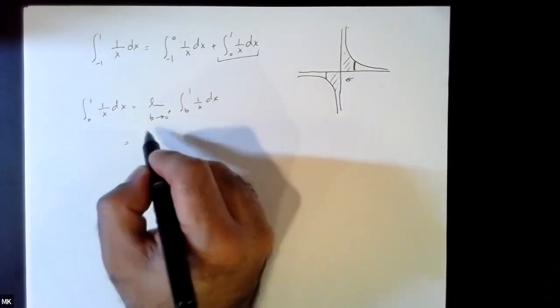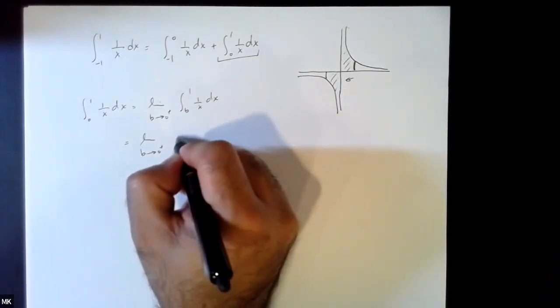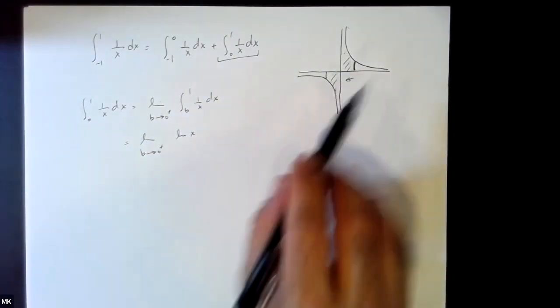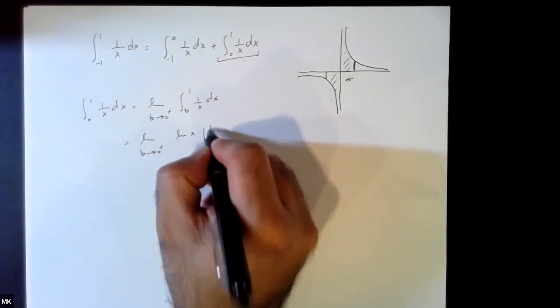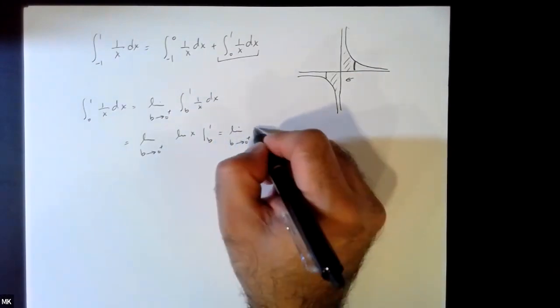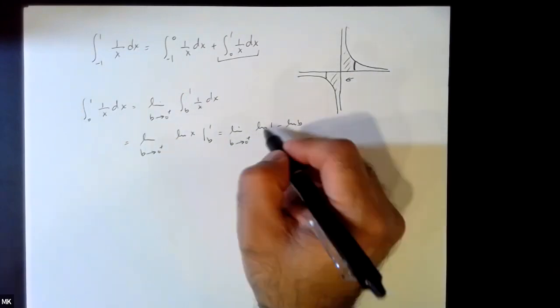The antiderivative of 1 over x, of course, is ln of x. So the limit as b goes to 0 from the positive side of ln of x. I don't need to put absolute value because I'm on the positive x values. So from b to 1, the limit as b goes to 0 from the positive side of ln of 1 minus ln of b. ln of 1 is 0.